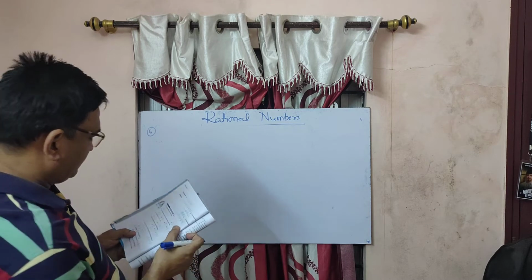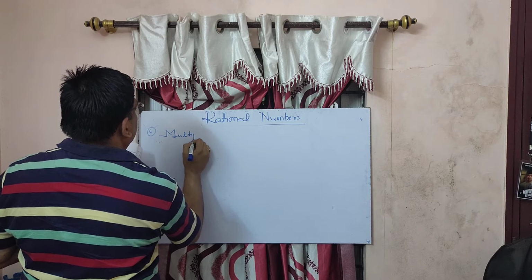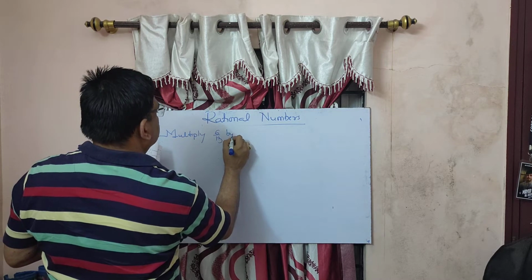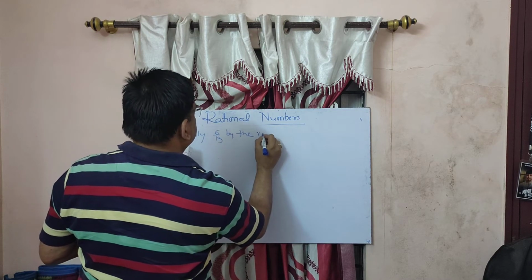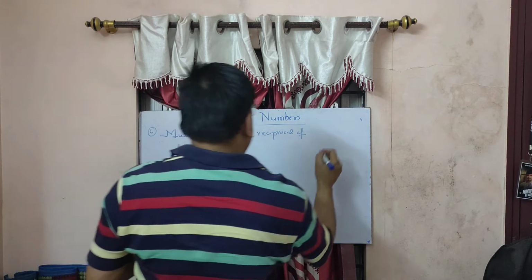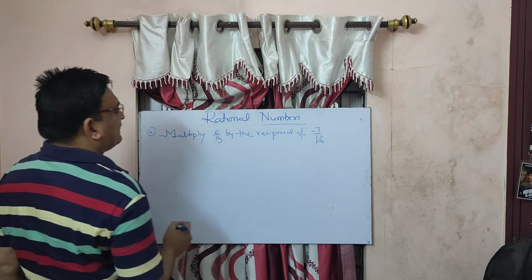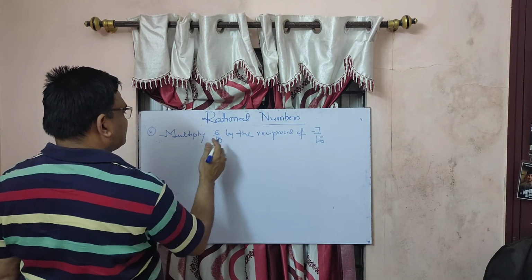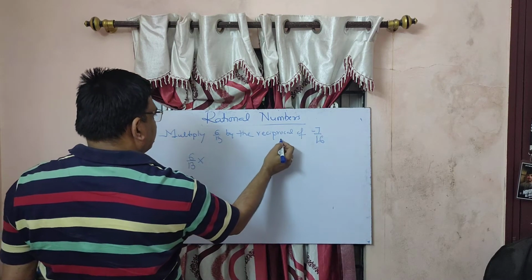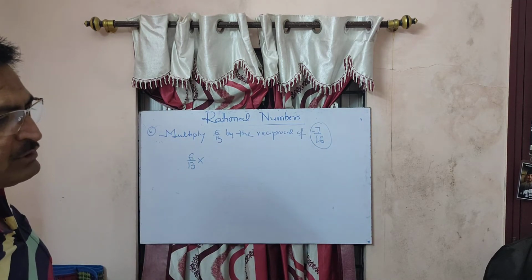Multiply 6 upon 13 by the reciprocal of minus 7 upon 16. Reciprocal means what?